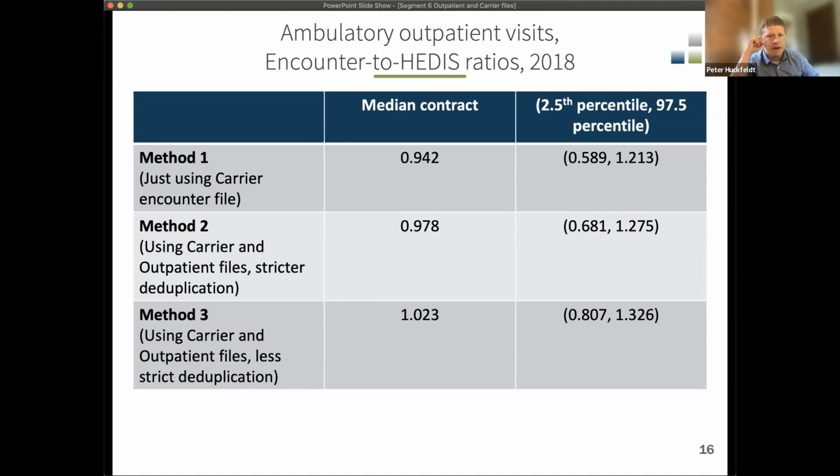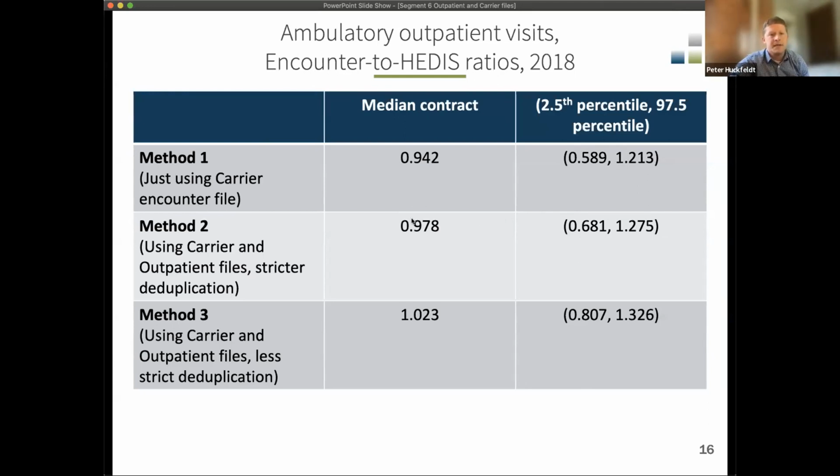But that really varies a lot. Looking at the 95% interval, the 2.5th percentile contract is below 0.6, and at the high end we have a ratio of 1.2. So it does vary quite a bit across contracts.